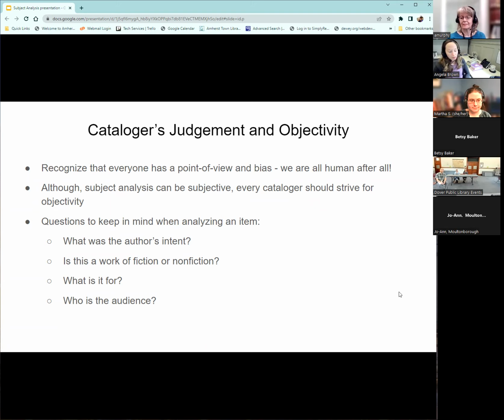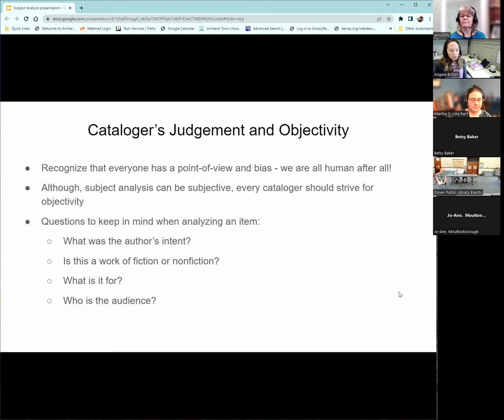Martha made a great point about controlled vocabularies being developed by committees and organizations like LC and such. But it's also important to keep in mind that these organizations might carry their own biases.